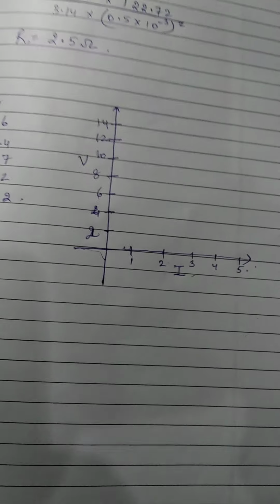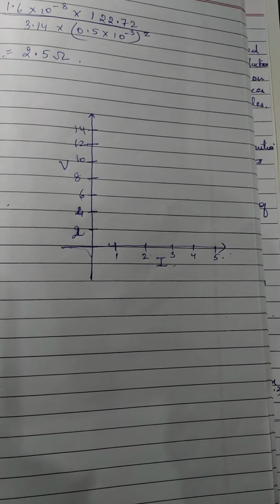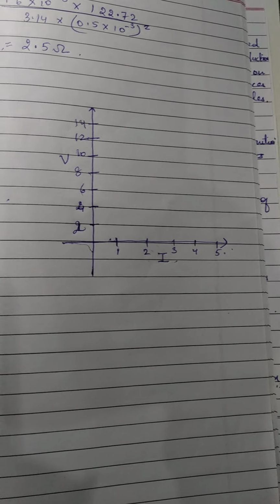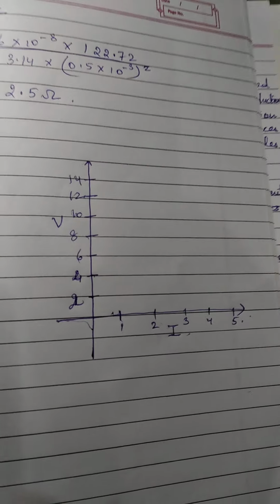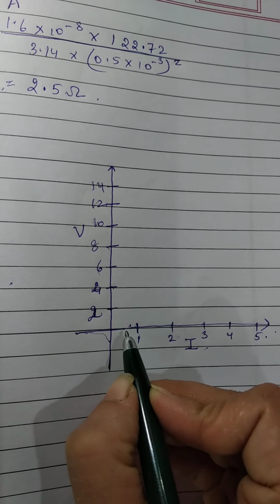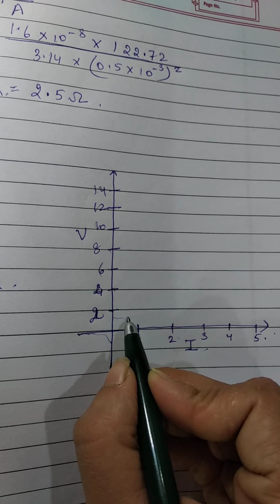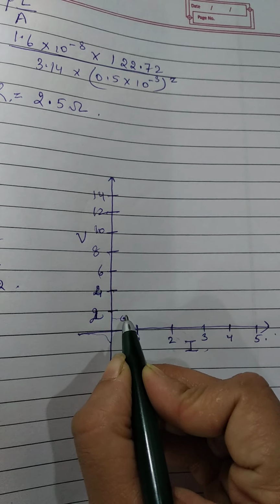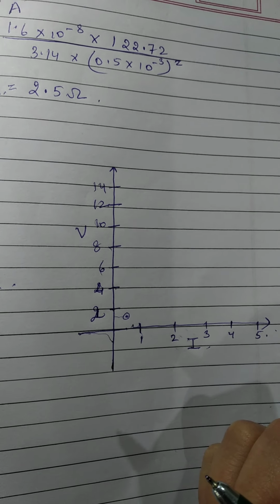So once we plot the graph, it should be a straight line. When I is 0.5, V is 1.6. So 1.6, let's say 0.5 will be somewhere here. 1.6 will be somewhere here. So this is the intersection.